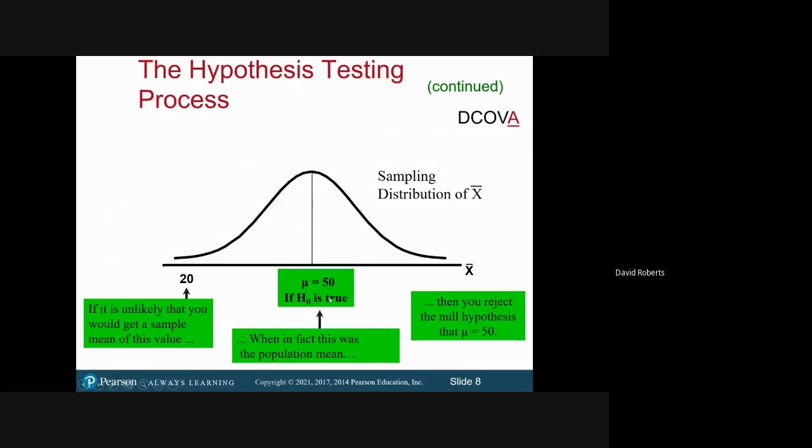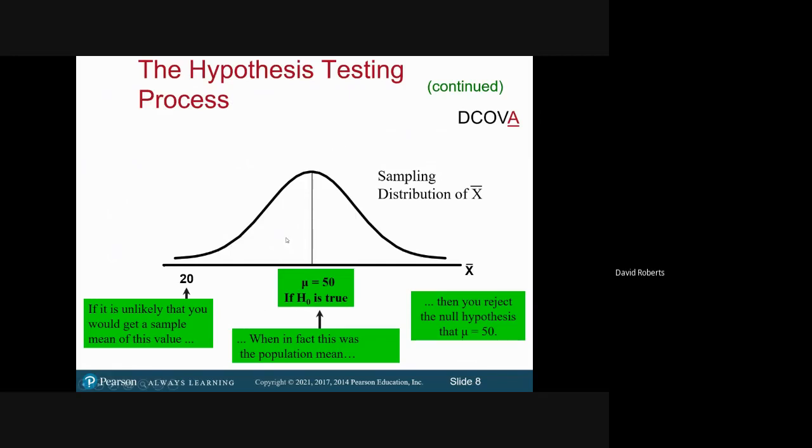So you have the area underneath the curve. You look at the 20 and say it's unlikely, but I'm not going to stand in front of a class or a board of directors and say that I am confident that it is not 50. I'm going to test it using a hypothesis test.